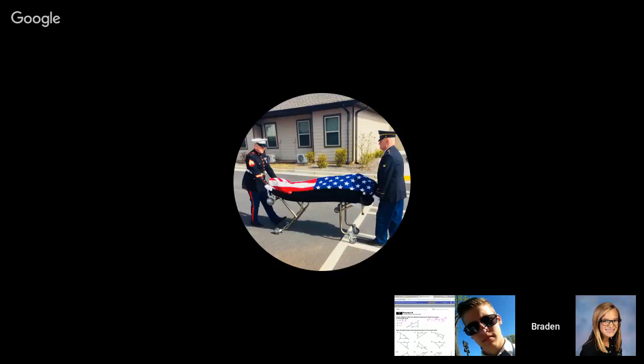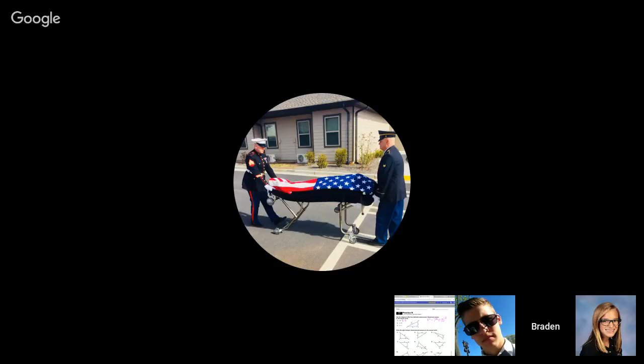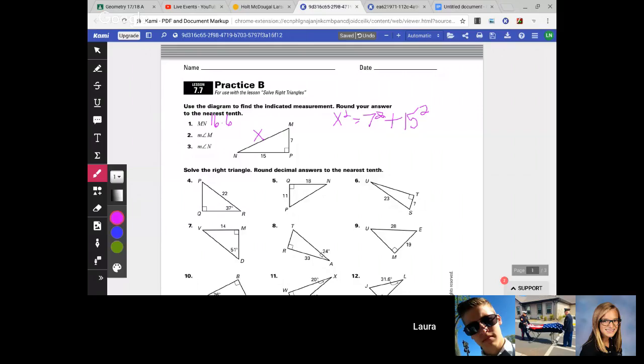For number 2 and 3, when we find the angles, are we going to use sine and cosine for that? The inverse of sine and cosine and tangent. The very last tool on those notes that you took, that's the inverse. You always use that if you don't know angle measures.